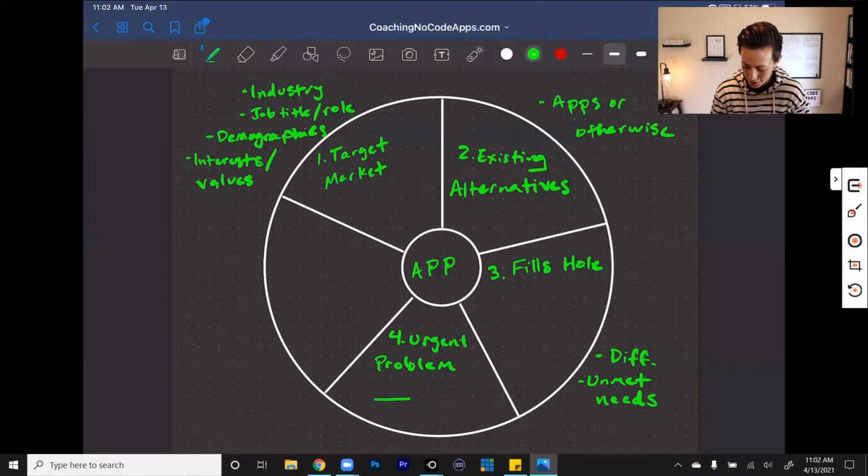Okay, so look at urgency on a spectrum from, let's look from 1 to 10. 1 being the problem is people don't know they have the problem, all right? When you have to teach people that they have a problem, that's a lot more work on your part, okay? So no urgency at all because they don't even know they have the problem, all right? 10 is they are currently wasting tons and tons of money, tons of time.